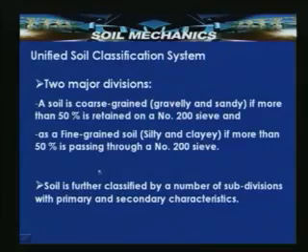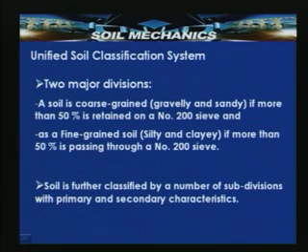When we look into this, the two major divisions put forward in the unified soil classification system are coarse grained soil and fine grained soil. A soil is coarse grained, predominantly gravelly and sandy, if more than 50% is retained on a number 200 sieve. Number 200 sieve as per ASTM is nothing but the 75 micron or 0.075 mm sieve.